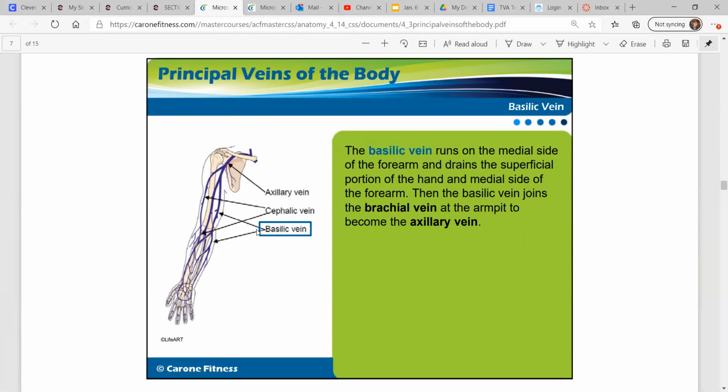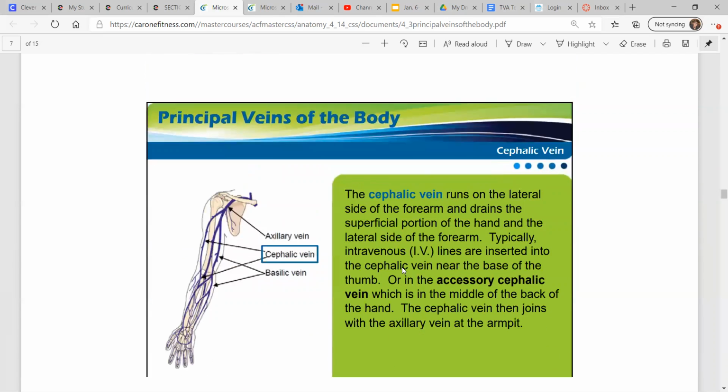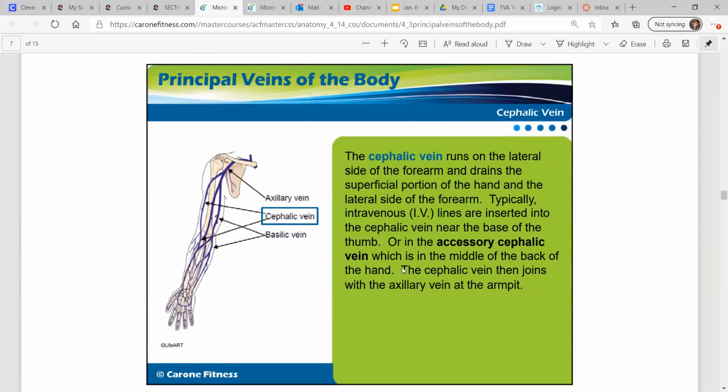So you can see that here. You have the basilic vein, and then that joins the brachial vein, and then that all becomes this axillary vein. Axillary, armpits, that's why those go together.